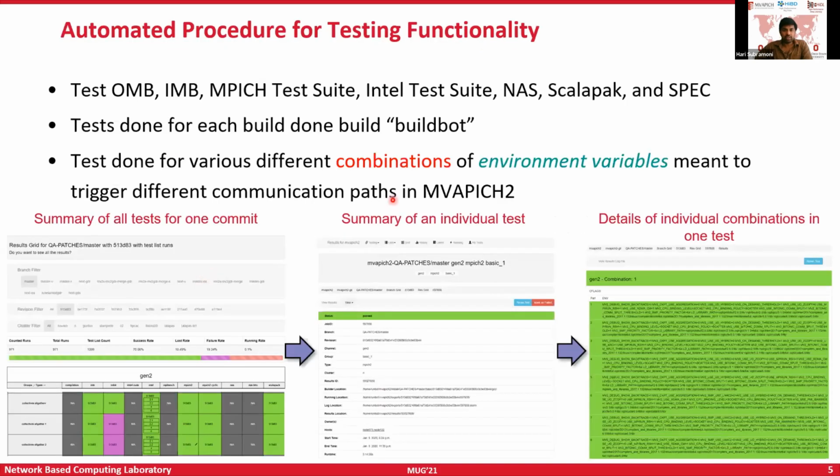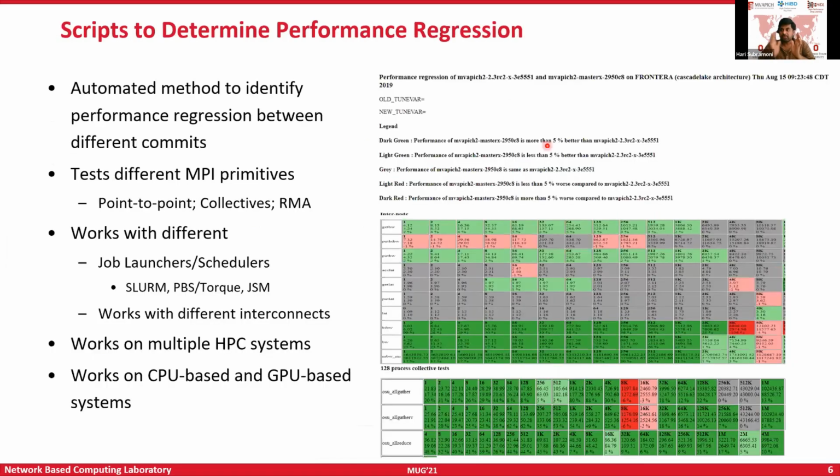We have an automated testing procedure which tests a bunch of benchmarks using OSU microbenchmarks, Intel microbenchmarks, the MPICH test suite, Intel test suite, NAS parallel benchmarks, ScaLAPACK, SPEC, and a bunch of ECP applications and mini apps like MiniAMR, MiniGhost, MiniMD, for a lot of different combinations of environment variables that trigger a different design feature inside MVAPICH2. So that is as far as functionality goes.